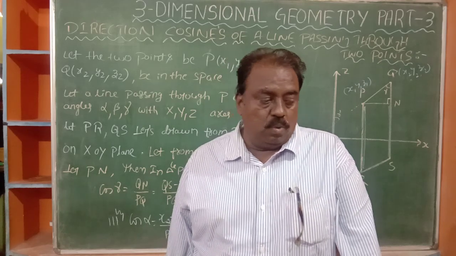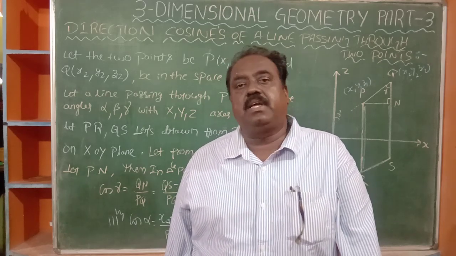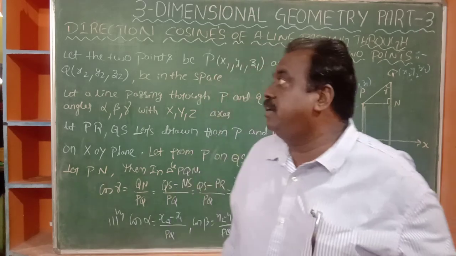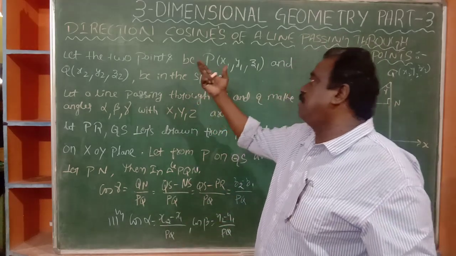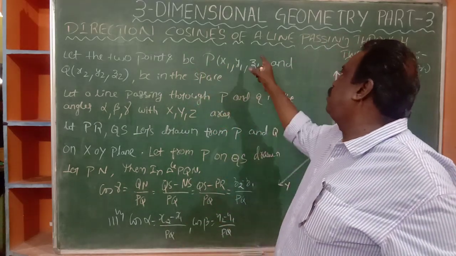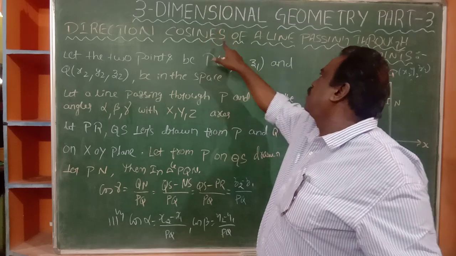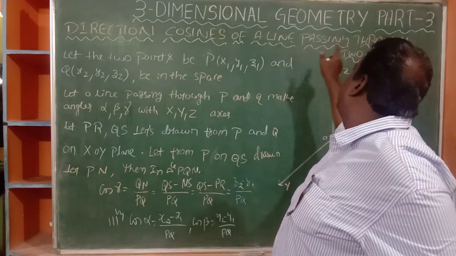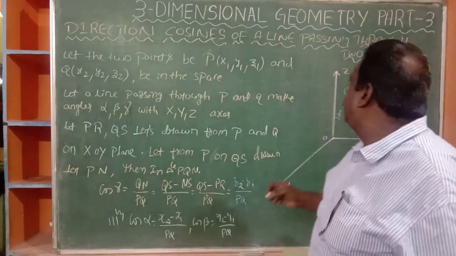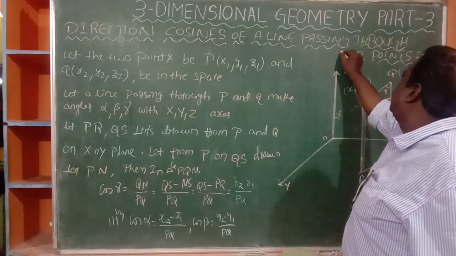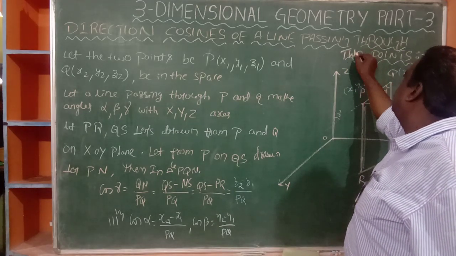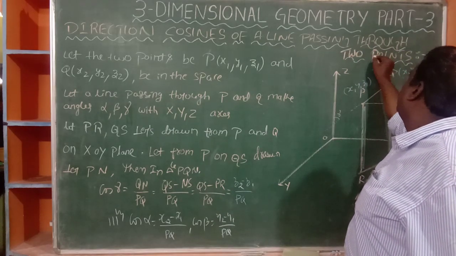Now we are going to establish part 3, that is the main concept, direction cosines of a line passing through 2 points. Here it is important: 2 points. We are given 2 points.